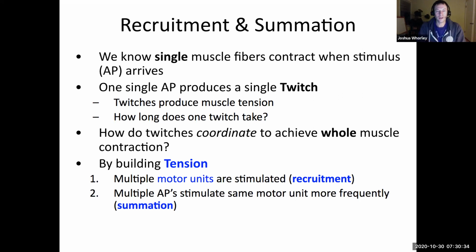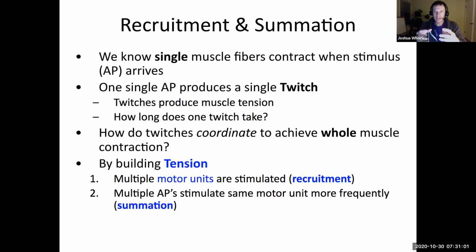What's the end product of a signal reaching a muscle cell? Well, you know that it's the release of calcium and then a contraction that follows because of the release of calcium. So if we continue to receive signals that release calcium, that means more and more calcium is dumped onto the myofibril, right?